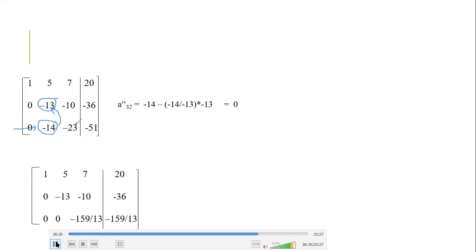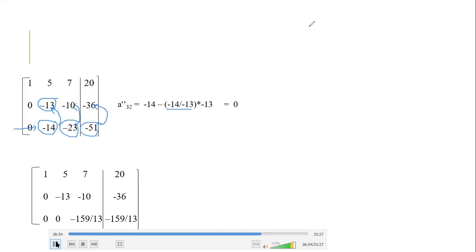Then you do the same for this one. So that will be negative 23 minus the multiplier times the value on top of it in the pivoting row, which will be negative 10. The same way when you come here, you pick this value minus the multiplier times the value on top of it, which is negative 36.